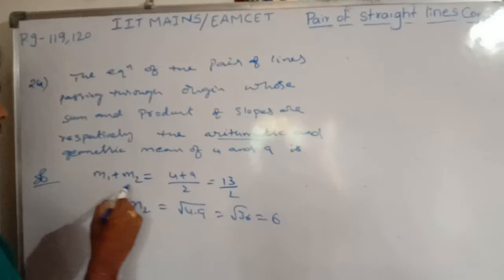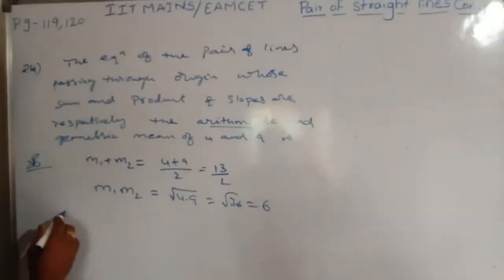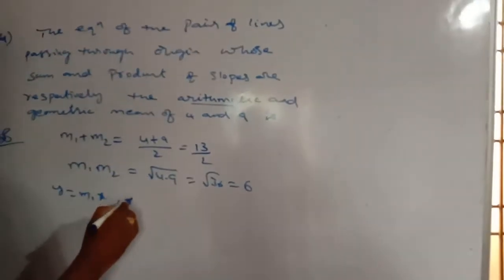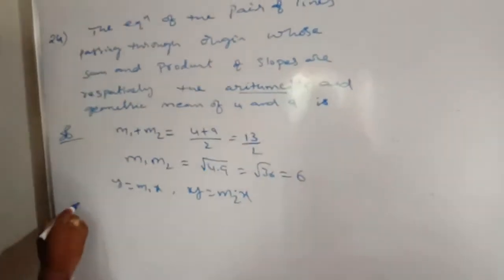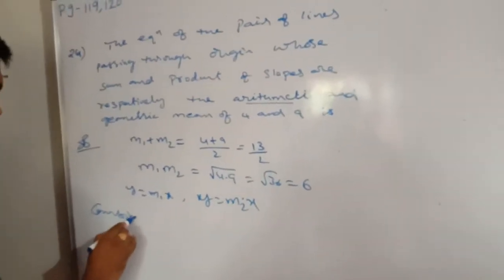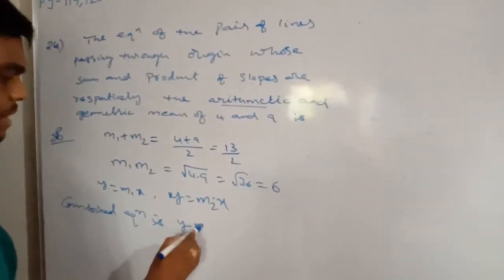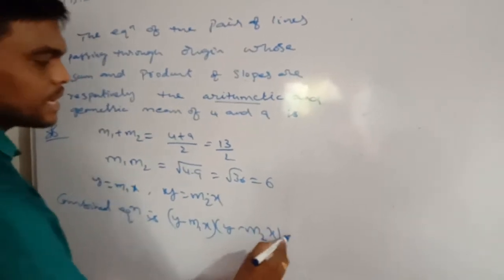Now m1 plus m2 is equal to 13 by 2, and m1 m2 is equal to 6. Let the equations be y is equal to m1x and y is equal to m2x. The combined equation is y minus m1x into y minus m2x is equal to 0.